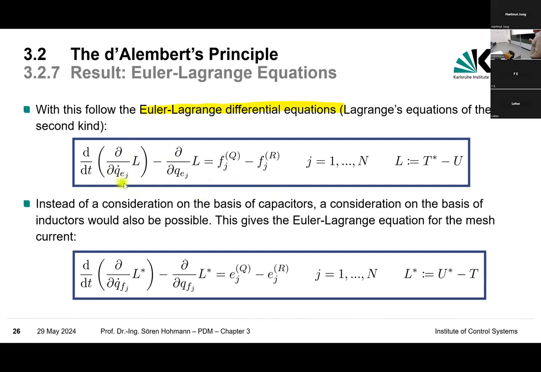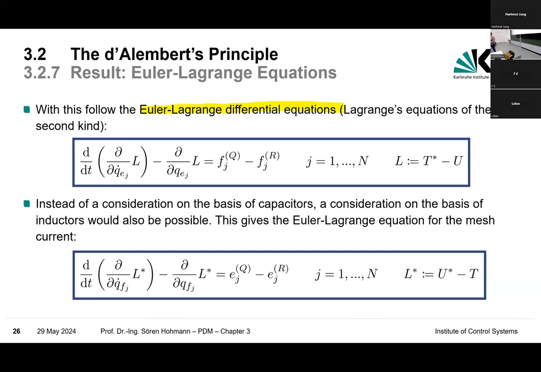It's similar to what we had before, but in contrast to the situation before, where we looked just at the kinetic energy, now we have the difference between the kinetic energy and the potential energy. That's what mechanical engineers should learn by heart. If you wake them up at 2 o'clock in the morning and ask what the Lagrangian is, they should say: kinetic minus potential.